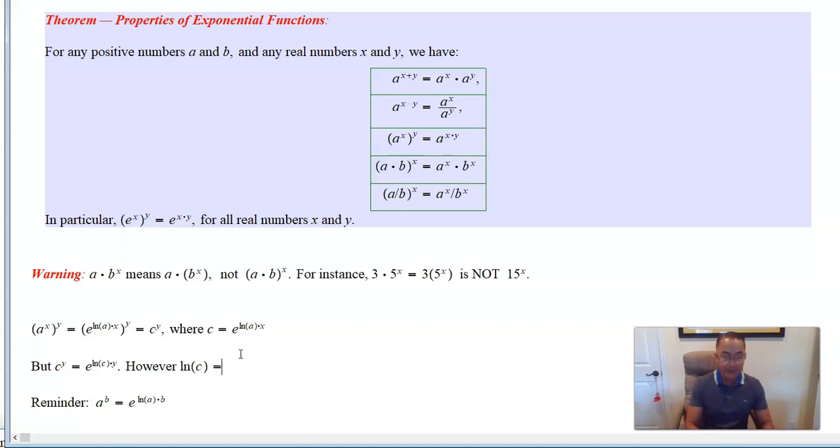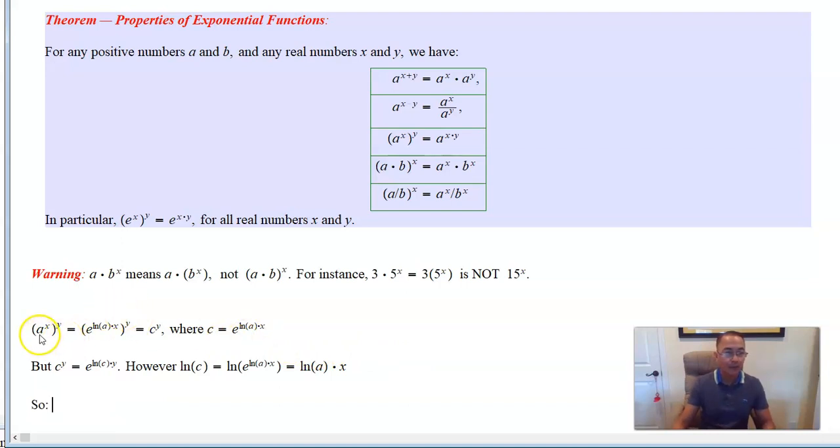We want ln of e to the ln of a times x. Oh, wait a minute, we have cancellation properties. ln of e to the something takes you back to that something. So ln of c is just ln of a times x. We have used that, we don't need it anymore.